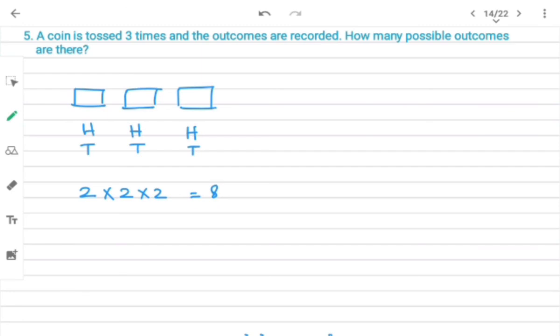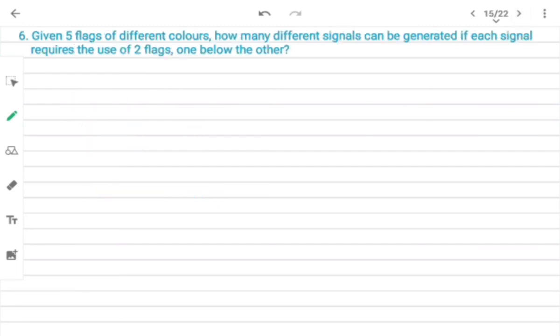Now, given 5 flags of different colors, how many different signals can be generated if each signal requires the use of 2 flags, one below the other? The same way we did in an example, right? This is the first flag, and this one is the second flag.